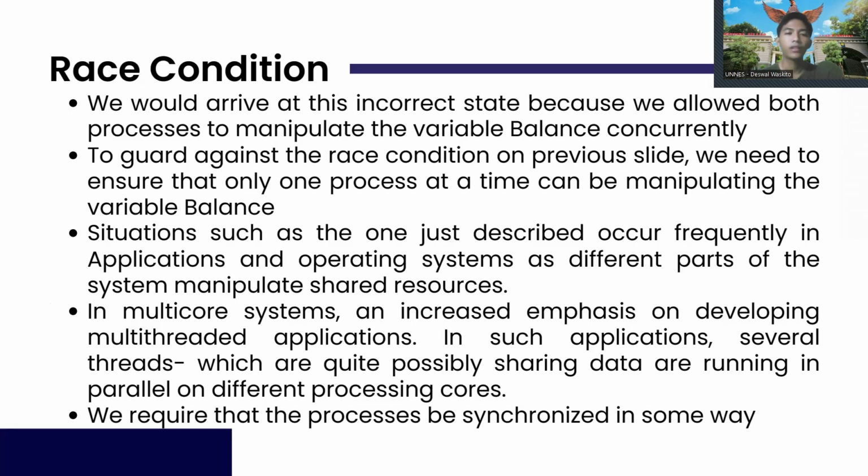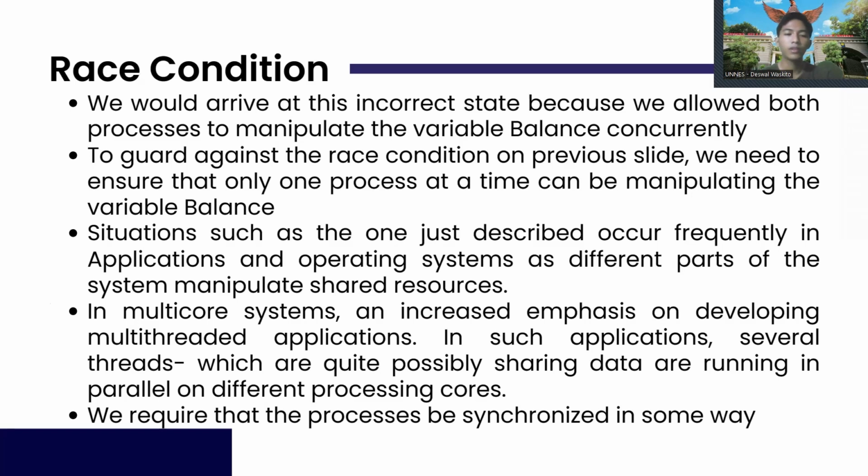To guard against the race condition on previous slide, we need to ensure that only one process at a time can be manipulating the variable balance. Situations such as the one just described occur frequently in application and operating system as different parts of the system manipulate shared resources.